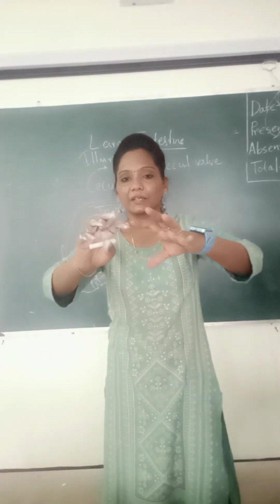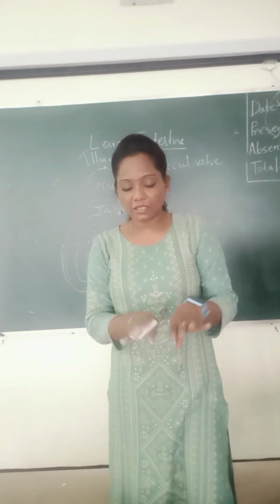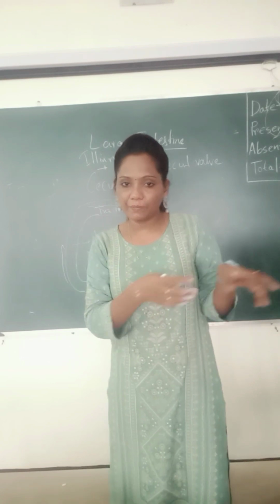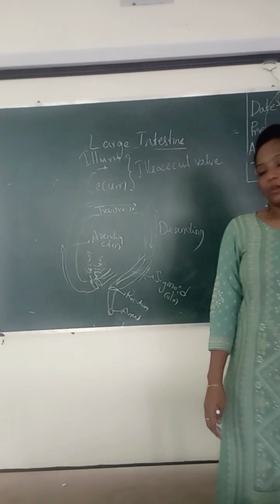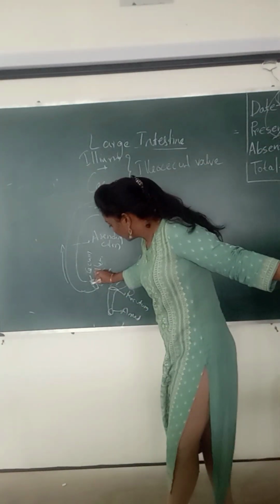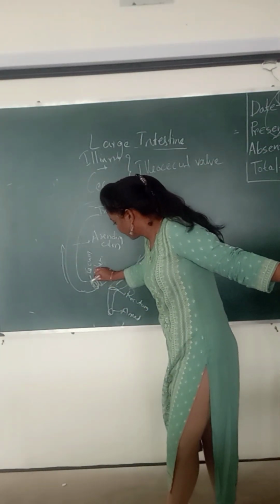The wall helps the passage of food, and at other times it helps in closure, preventing the backward flow of the gastric contents. In this area we will also see the appendix.